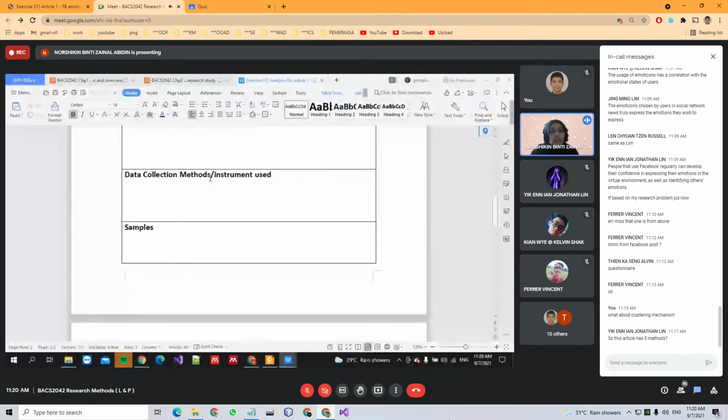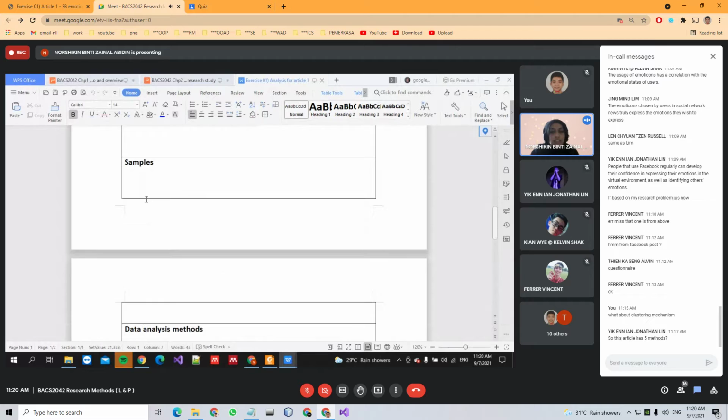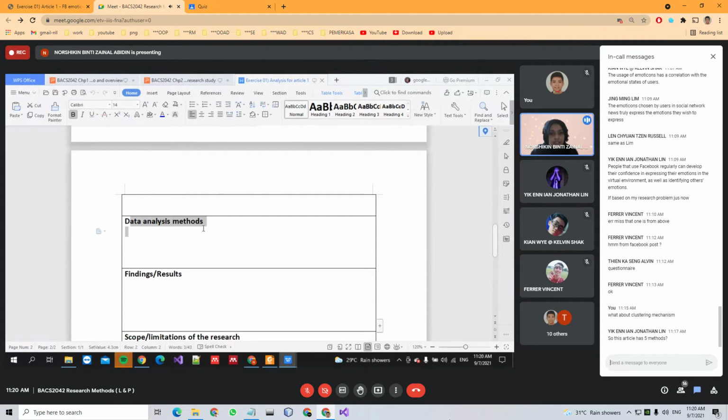So there are only 4 data collection methods here for this research and 1 data analysis method. So 4 ways for them to get the data, and 1 method for them to do the analysis of the data. Why I said so?